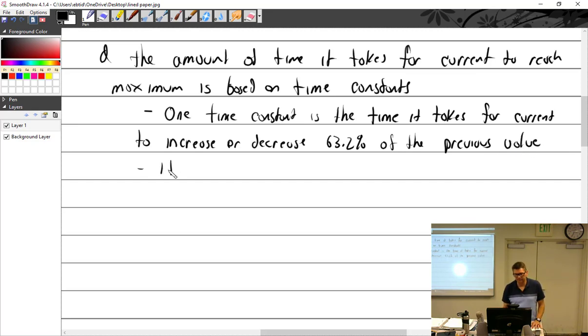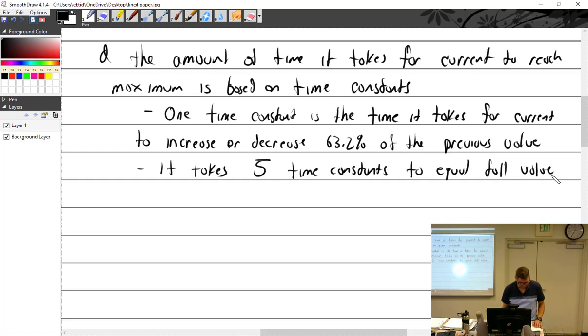It takes 5 time constants to equal full value, which is greater than 99%, or zero value, which is less than 1%. 99% is considered good enough, close enough.